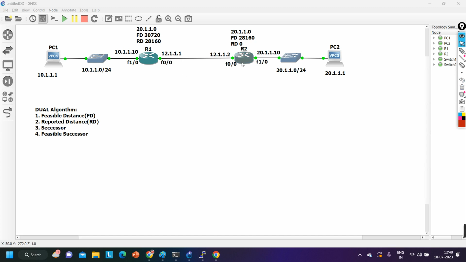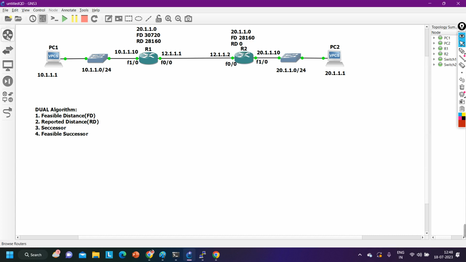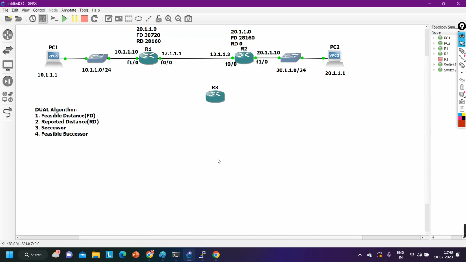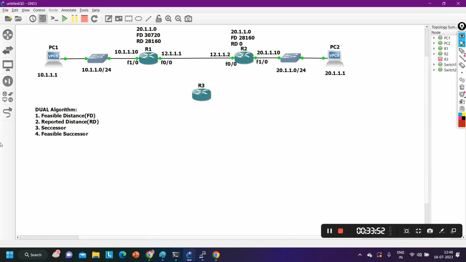Now what I am going to do, let's say I am going to add one router over here. We have one router here, R3. Let me connect this router also.